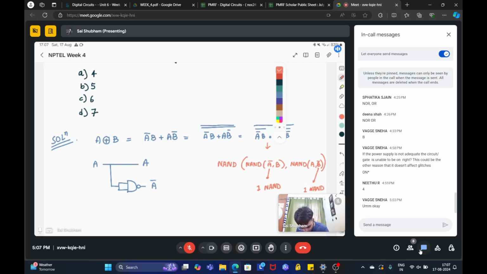So I think it should take about 5 NAND gates. But we can go even less. The answer is 4.